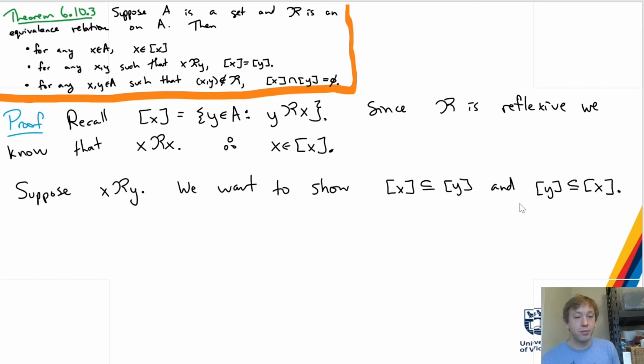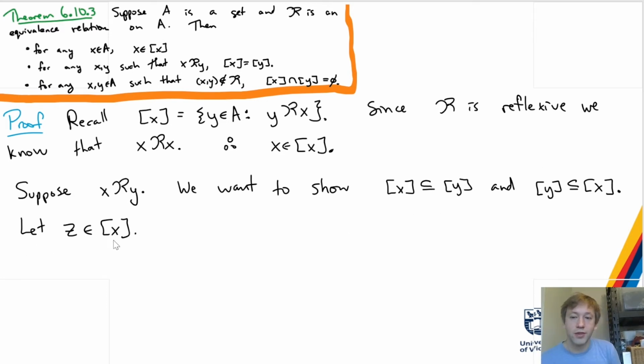Now to prove the first of these statements, we have to pick an element of this set and show that it's in this set. This is really just reviewing all of your set theory proofs. If you struggled with that part of the course, I think it's quite important to review it at this stage. So let z be any element of the equivalence class of x, and we want to deduce that z is in the equivalence class of y.